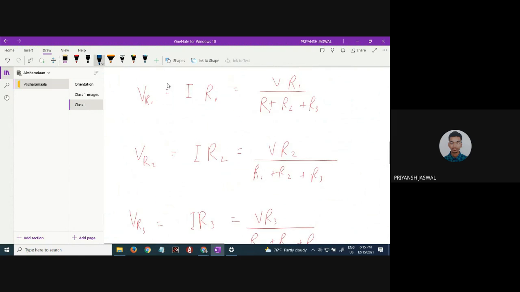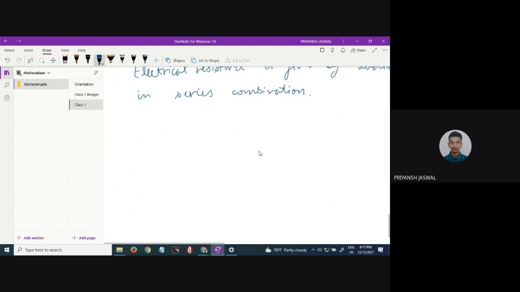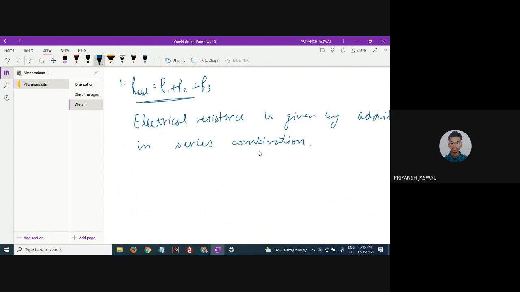Second observation we saw is that the potential difference across a particular resistance is directly proportional to its own resistance. That is, VR1 is proportional to R1 and VR2 is proportional to R2. So potential difference or potential drop across a resistance R is proportional to its own resistance, which is basically Ohm's law.